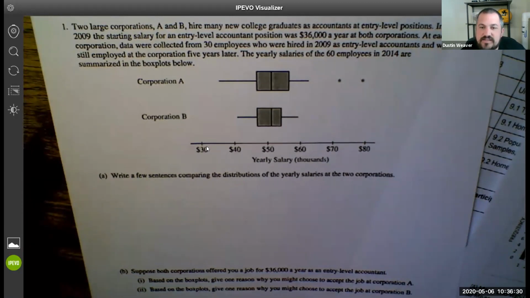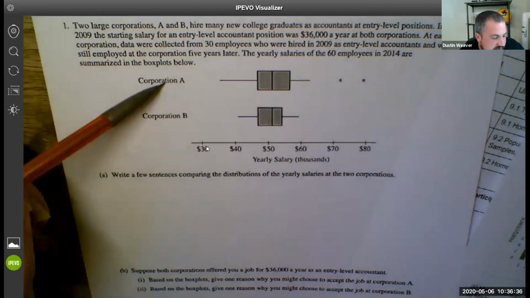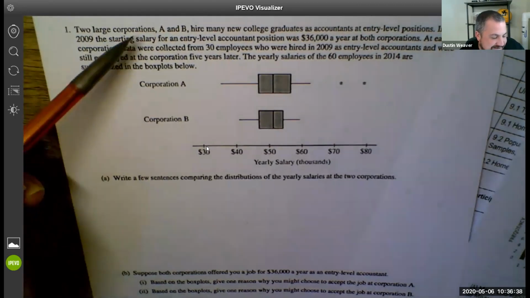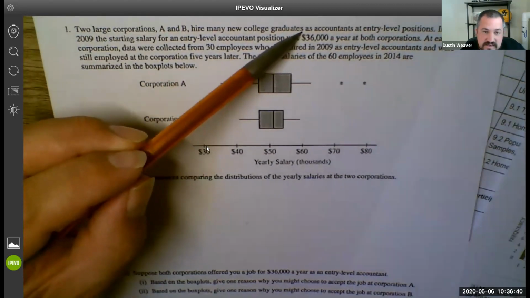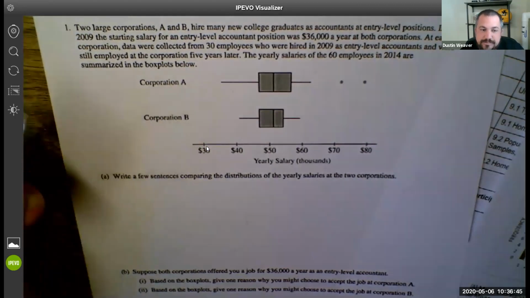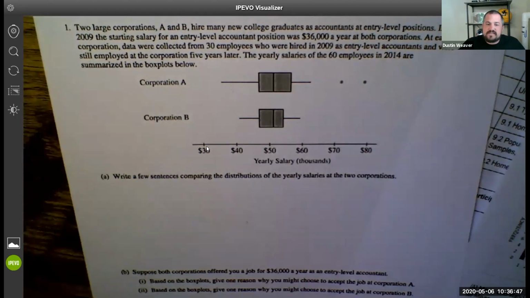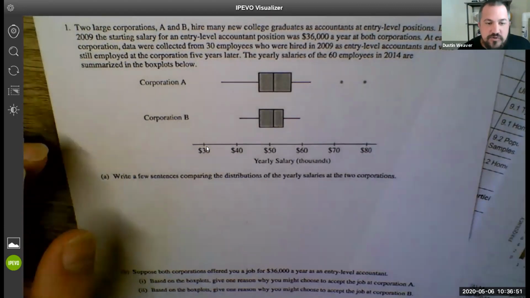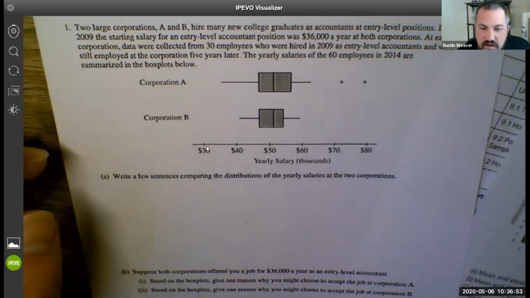At each corporation, data were collected from 30 employees who were hired in 2009 as entry-level accountants and were still employed 5 years later. So they didn't get fired, they're still there. The yearly salaries of the 60 employees in 2014 are summarized below. Remember, in 2009, these people made $36,000 a year. This is how much they make now in 2014. Write a few sentences comparing the distributions of the yearly salaries at the 2 corporations.